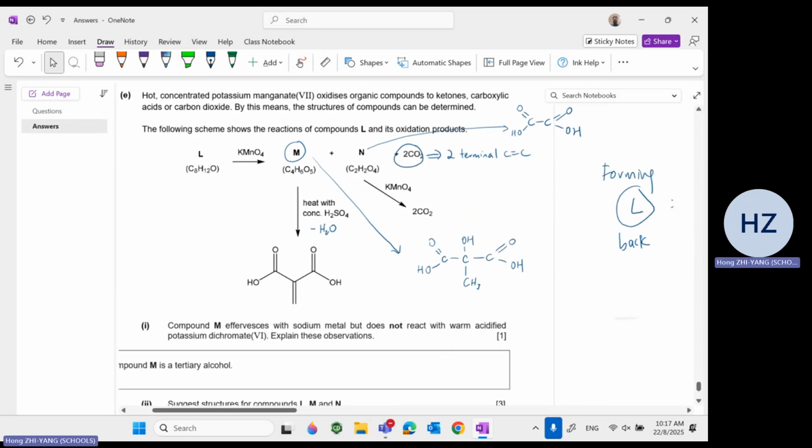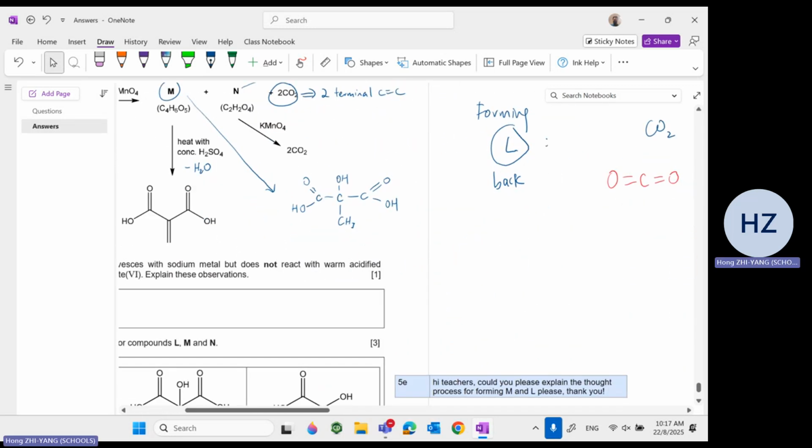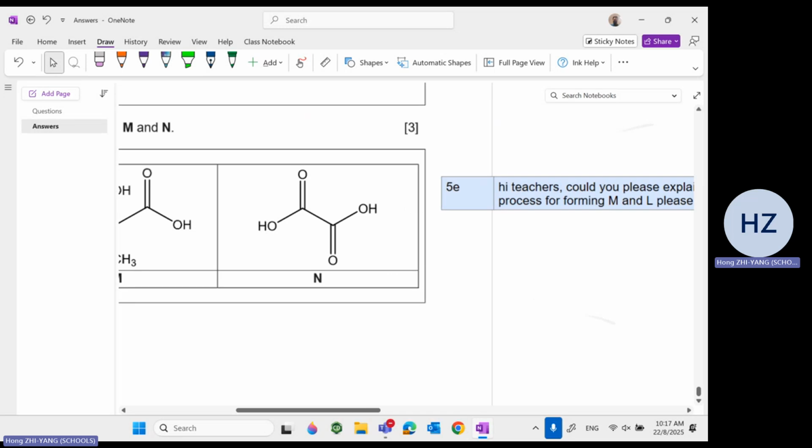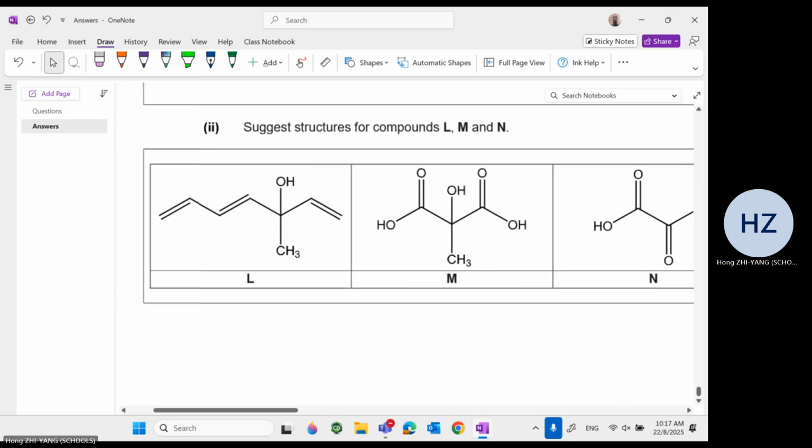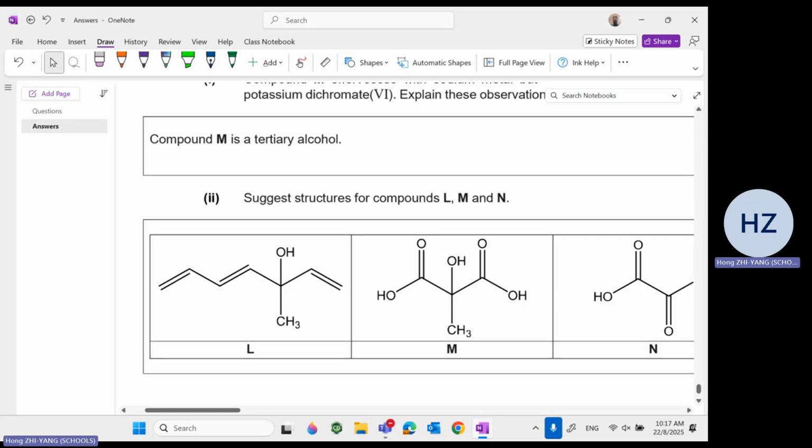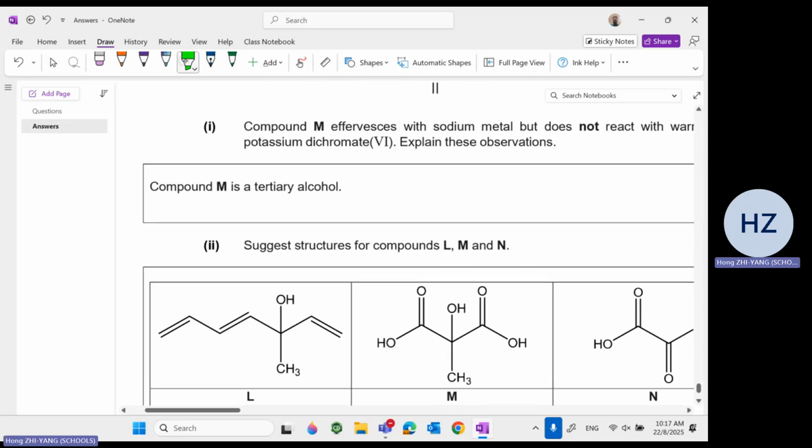All right, it's about this one. Okay, hi teachers, how do you form M and L? For this question, 5E, the elucidation, M is hinted here, tertiary alcohol. So the logic now is I need to form M with a tertiary alcohol in the middle.